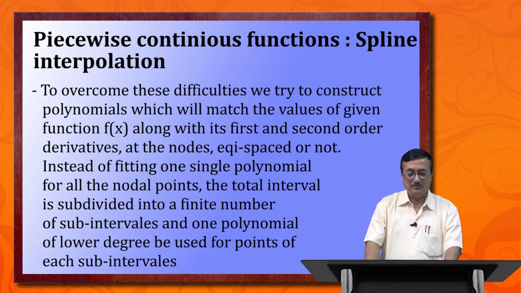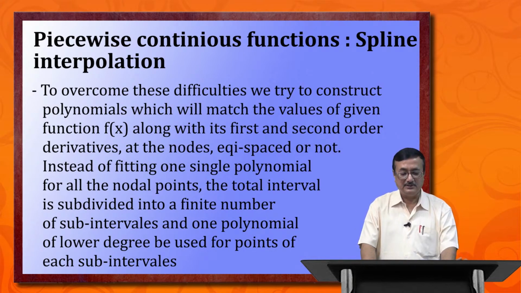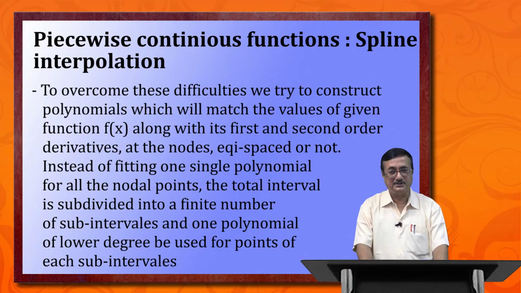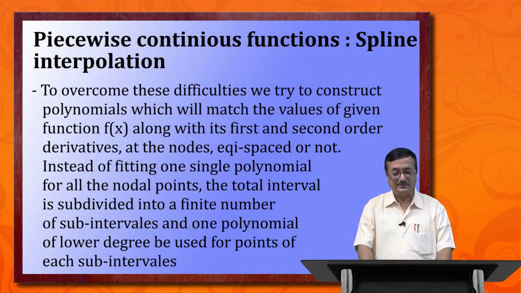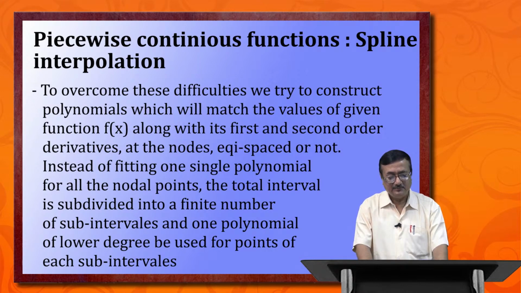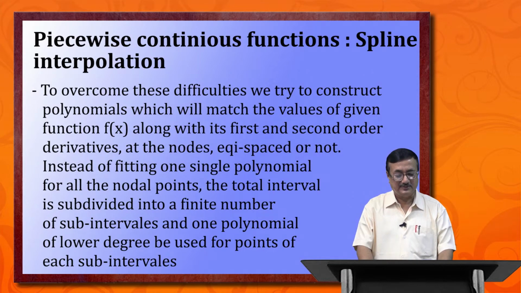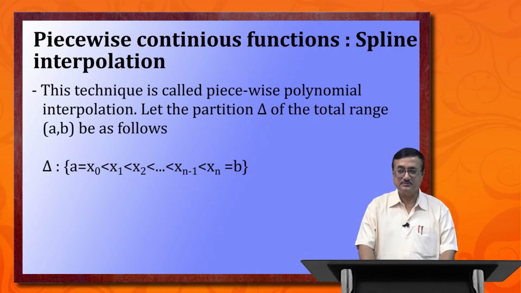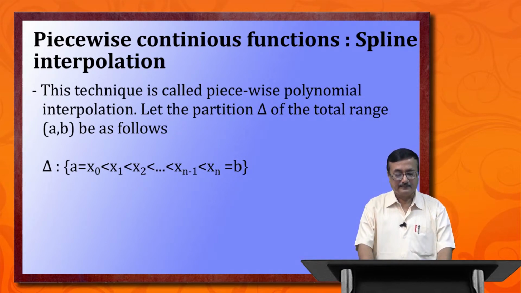Instead of fitting one single polynomial for all the nodal points, the total interval is subdivided into a finite number of sub-intervals, and one polynomial of lower degree, preferably degree 1 or degree 2, not more than 2, is used for the points of each sub-interval. This technique is known as piecewise polynomial interpolation.